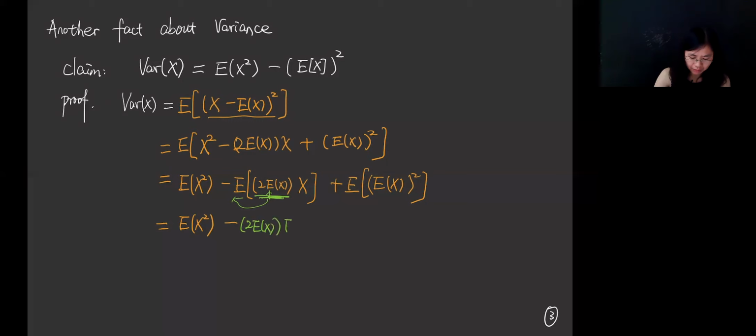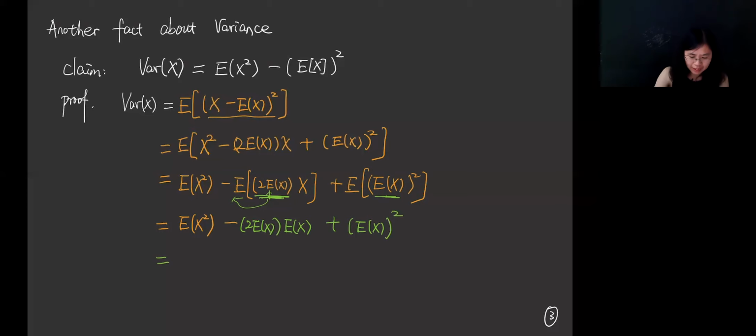And we are left with E of x here. And the third term is the expectation of a constant, because E of x is a constant. The expectation of a constant is the constant itself. It can only take one value. So that's E of x squared.